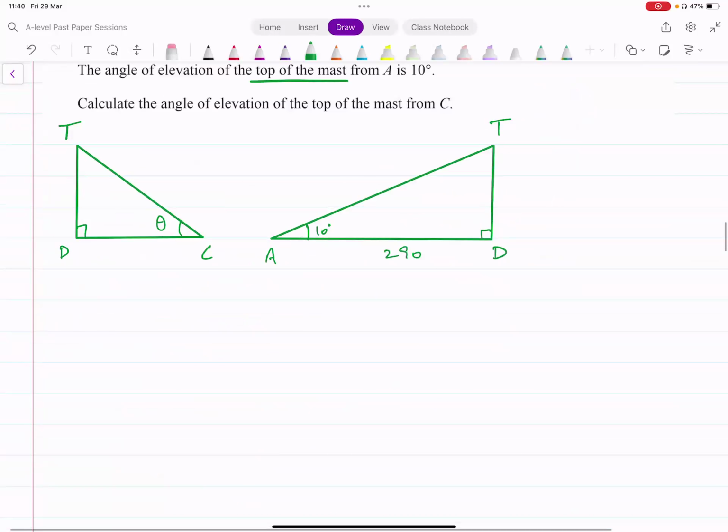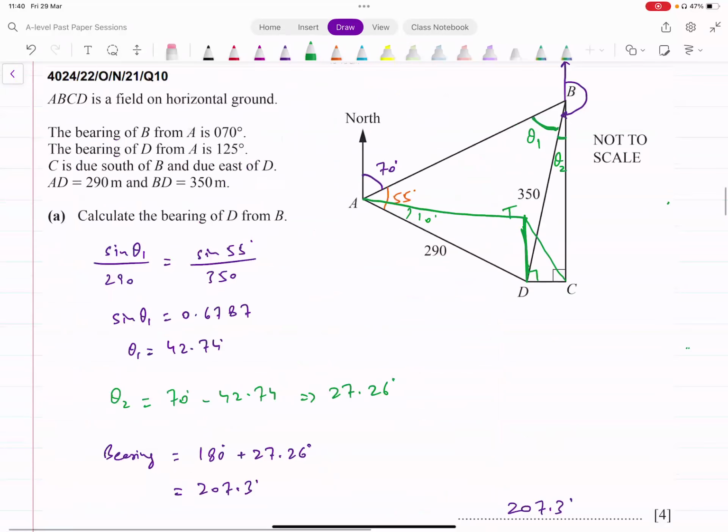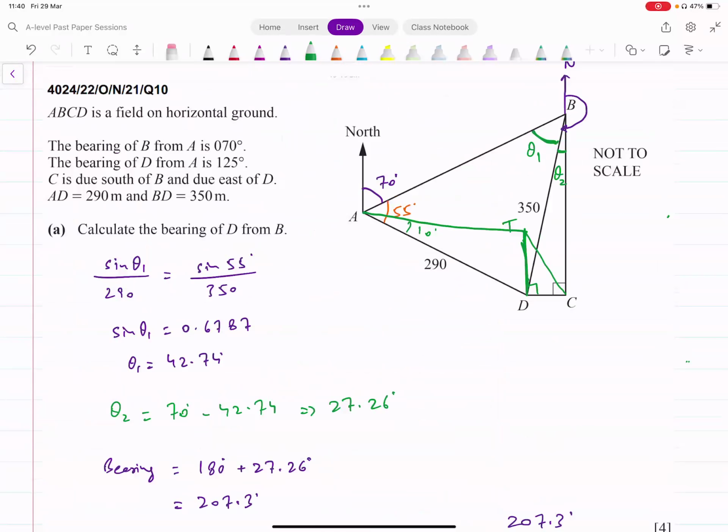So we have a right angle triangle in which we have one side given and we have an angle given. What we can do is use this information to find this length DT. Why? Because that is common between these two triangles. If we can find the length DT, we can use that value in the other triangle, because in that other triangle as well, we already know the length CD, do we?